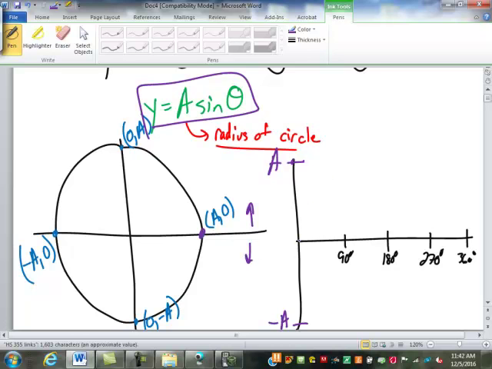It starts out at 0. I'll do it in green so it matches up. And at 90 degrees, it's a units above. 180, it's at 0. 270, it's negative a, so a units below the axis. And at 360, it's back at a height of 0.